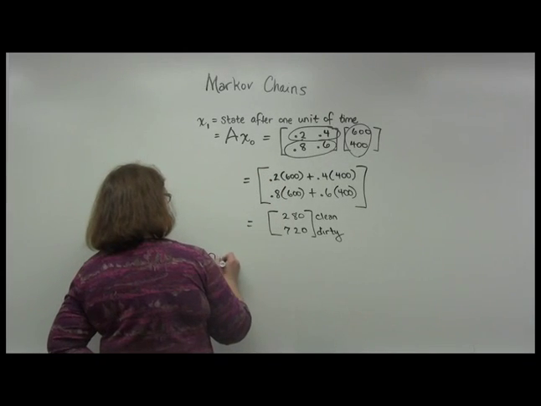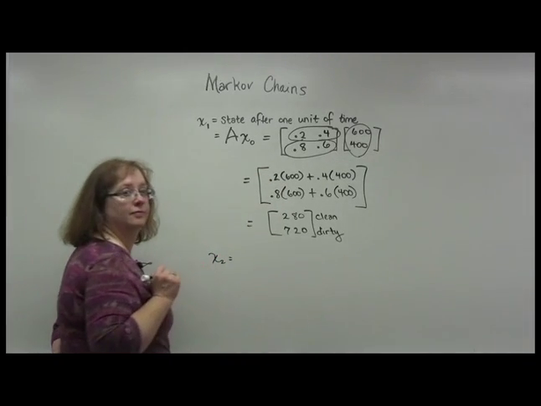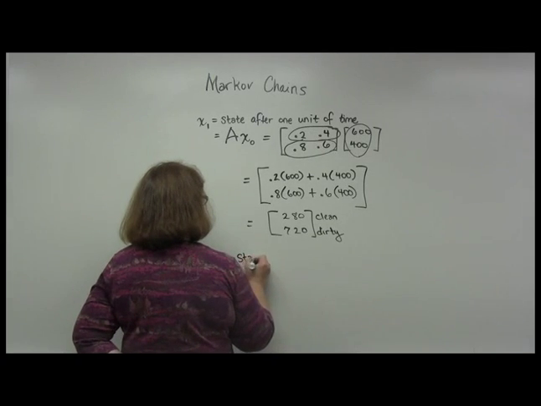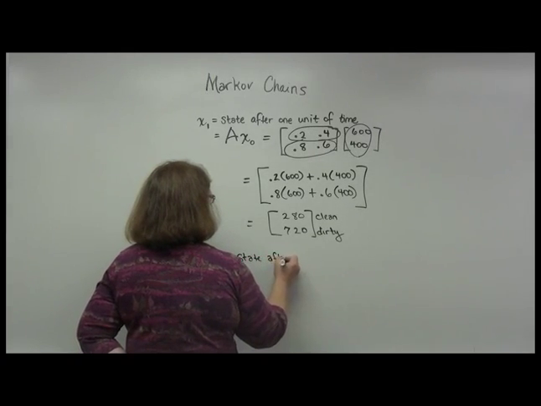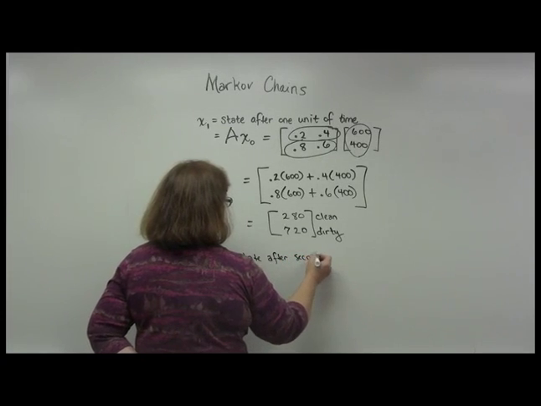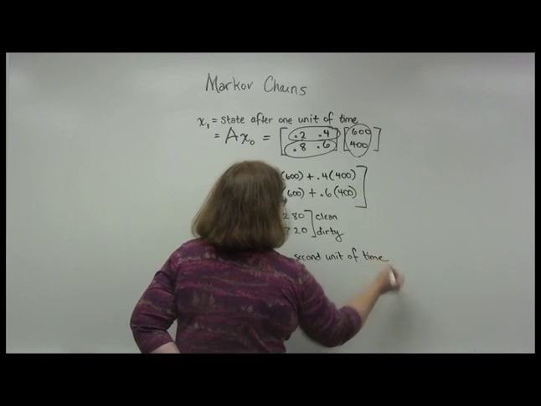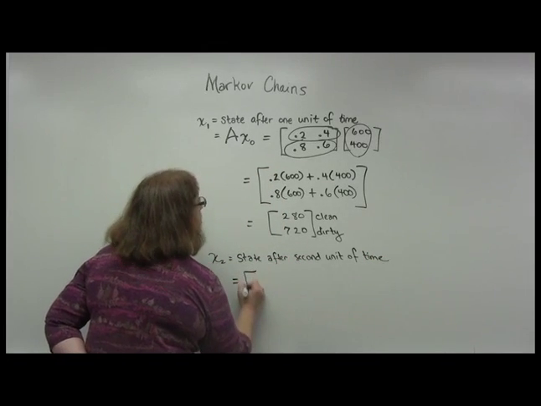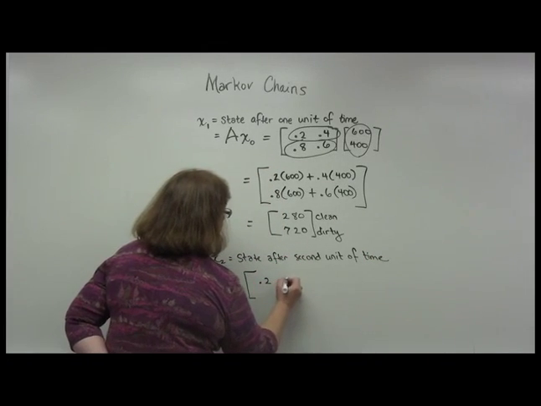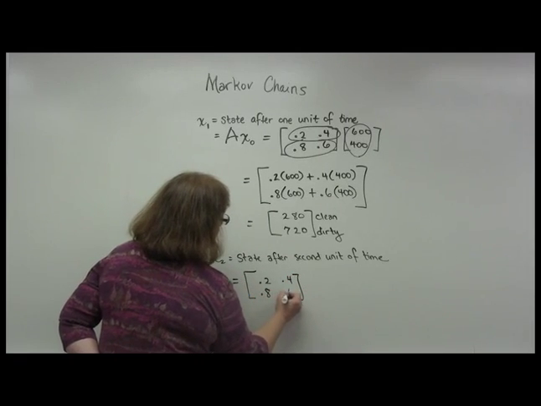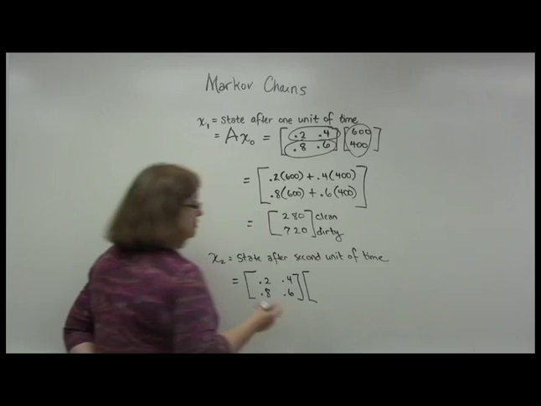If I wanted to figure out x sub 2, which is after the second shift, I would do that again. I would just multiply my 0.2, 0.4, and in the second row 0.8, 0.6, but now I multiply it times x sub 1.